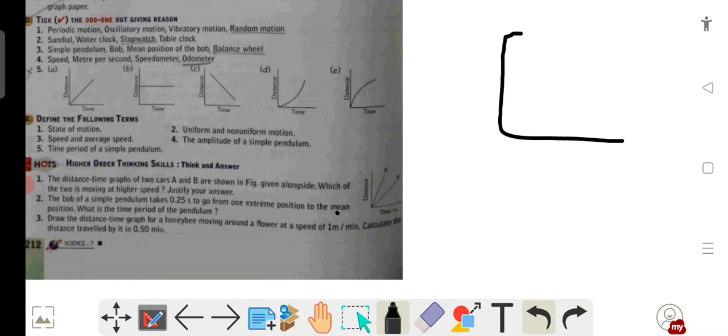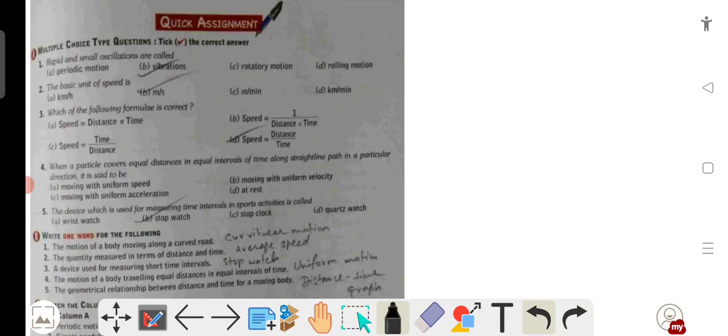Now some multiple choice questions are given in the quick assignment. Rapid and small oscillations are called vibrations. The basic unit of speed, as already discussed, is meter per second. Which of the following formulas is correct?